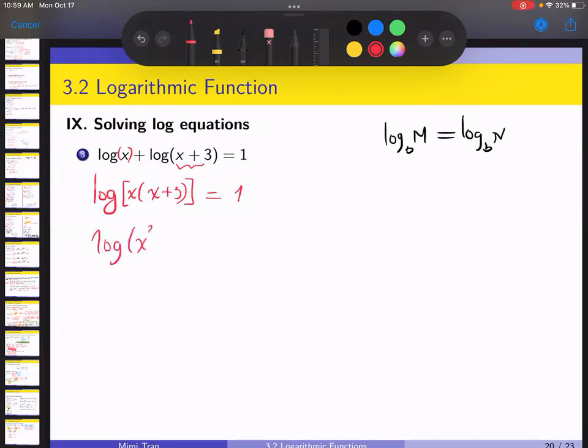Log of x squared plus 3x. I just distribute x equal 1. Remember the arrow thing? So now 10 to the first equal x squared plus 3x.